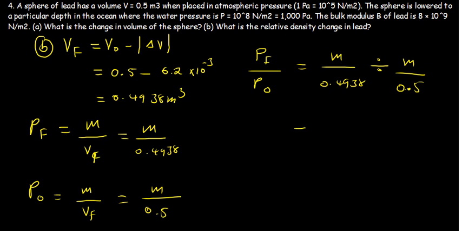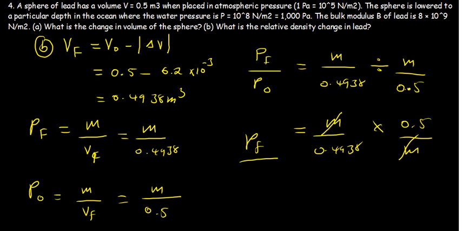And this is going to give us, these are going to swap directions, so that will be mass over 0.4938, and then it will be times 0.5 divided by m. So this m and this m is going to cancel out.